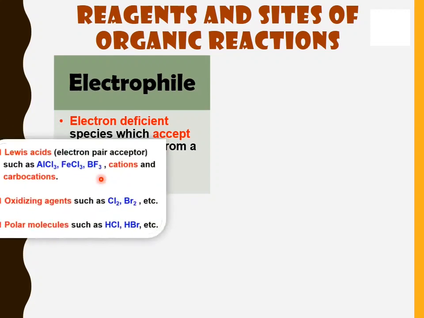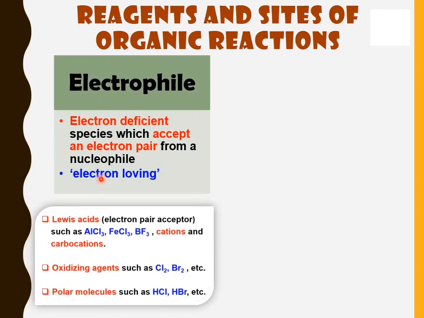So, this is the example of electrophile species. We have the first one, Lewis acid, for example, aluminium chloride, iron trichloride, boron trifluoride. If you still remember, boron and aluminium are incomplete octet. So that's why these species are electron-deficient species.